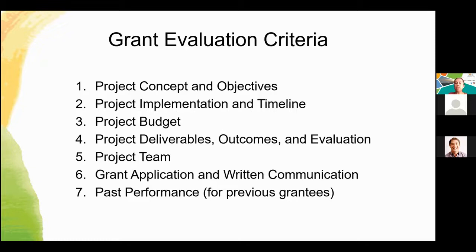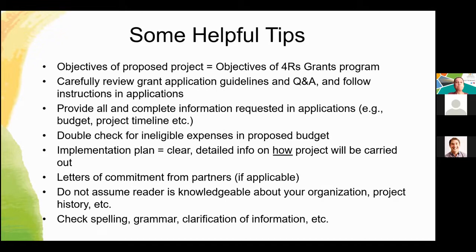Has the applicant followed all instructions detailed in the grant application? Is the proposal well written, clear, complete, concise, free of grammar and spelling mistakes? And most importantly, all attachments have been included. For previous grantees, sometimes past performance is taken into account when scoring applicants.